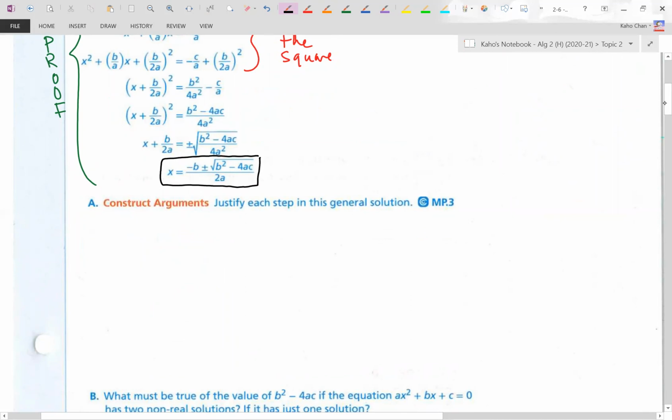Okay, one important part about the quadratic formula, which will produce any answer, by the way, is the stuff or the expression underneath the radical. In this case, b squared minus 4ac. There's a name for that. That's called the discriminant.